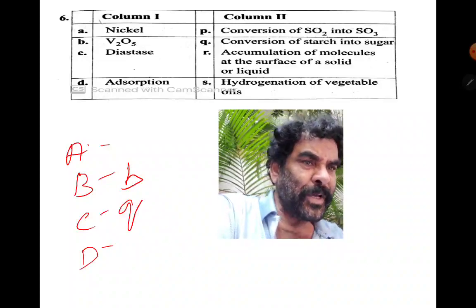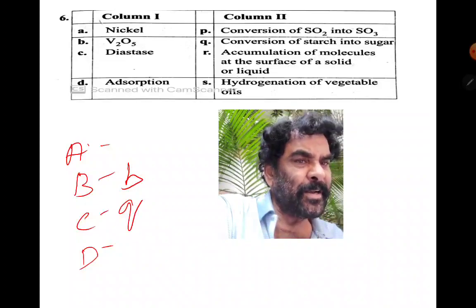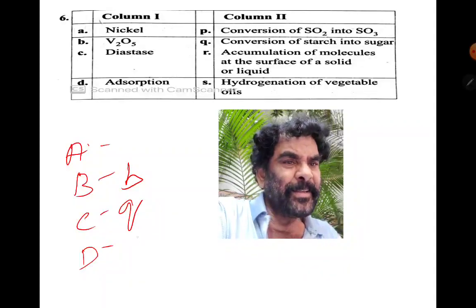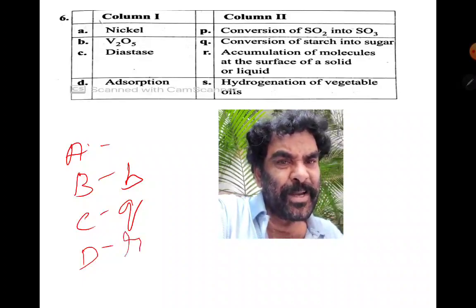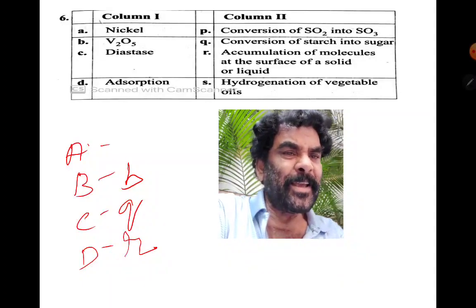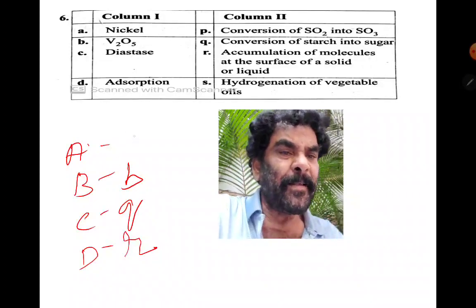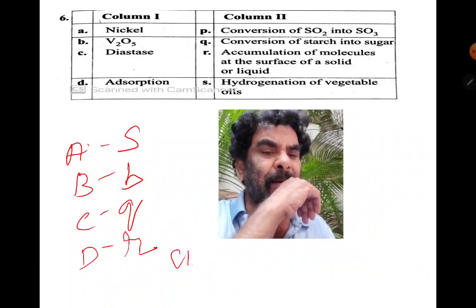And adsorption is the accumulation of molecules at the surface of a solid or liquid, right? D, C, R, that is just the definition of adsorption. Nickel, hydrogenation of vegetable oils, that is A is S. So that is nickel.